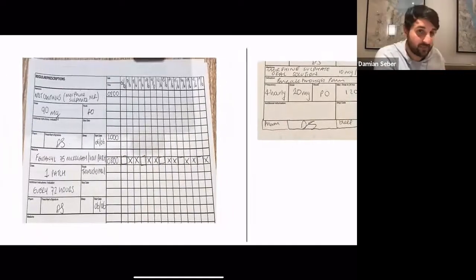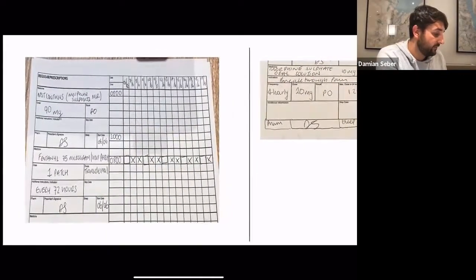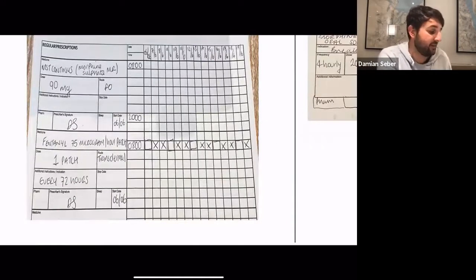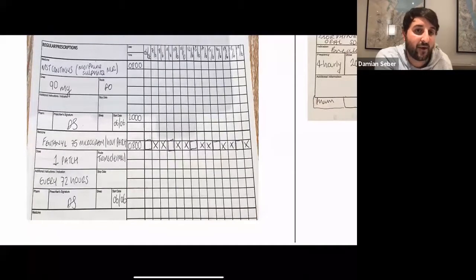And then for your regular prescriptions, oh, if I can get this to work. So your new prescription is your 90 milligrams of MST continuous, and you prescribe it like that. So the brand name, MST continuous, and then in brackets, morphine sulfate modified release.